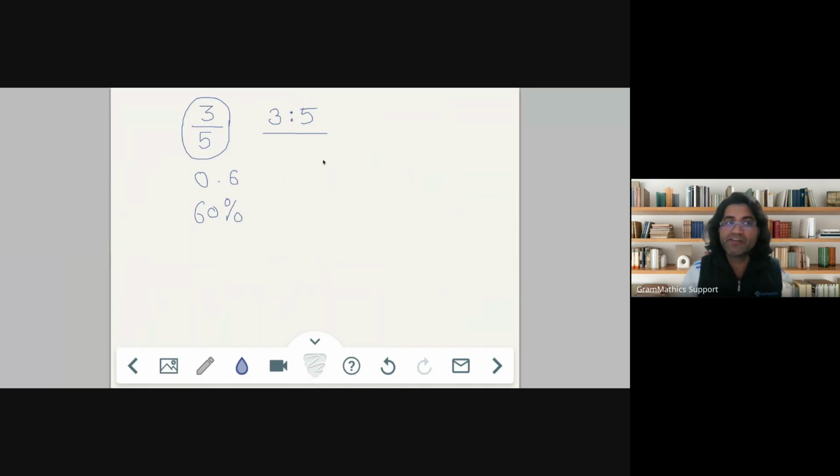What does 3:5 mean? It could mean, for example, I take a mini test of 5 questions of 1 mark each, and one of you scores 3 out of 5 in that test. So this is as good as saying, what is the ratio of correct answers to the total answers. So you have total questions as 5.